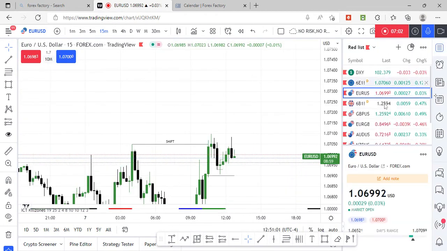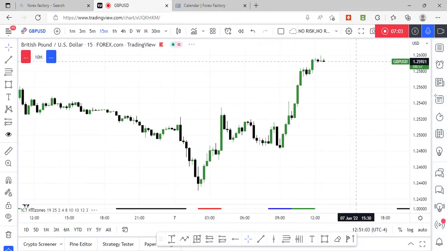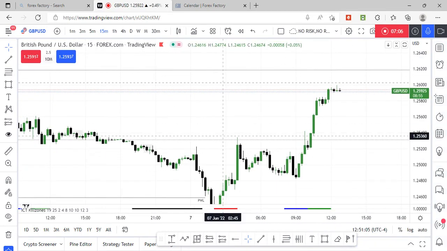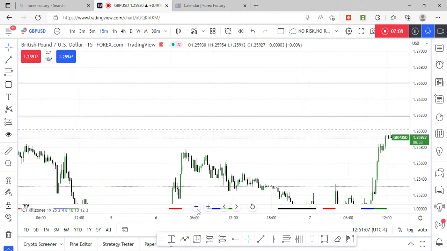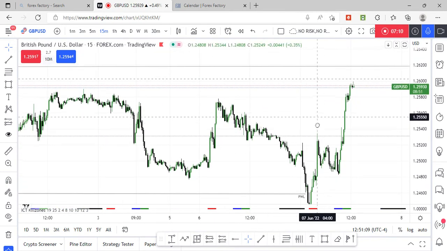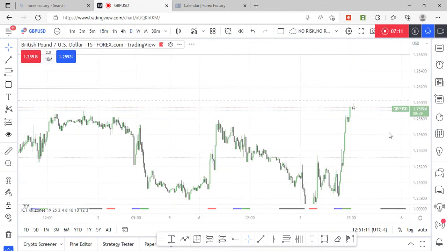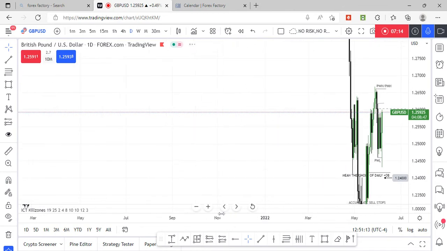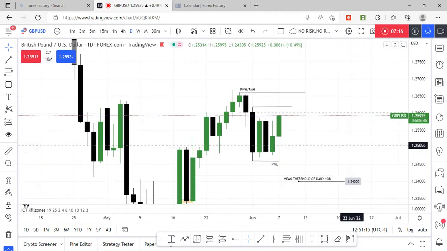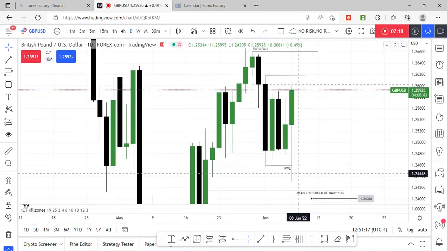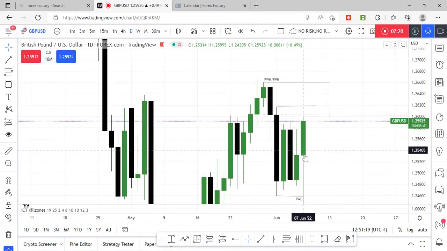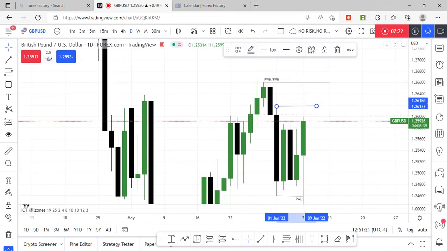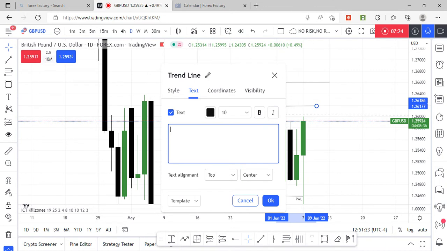In GBP/USD, price almost reached its down liquidity. Price cleared this previous week low, and this is the next down liquidity, this sell side liquidity.